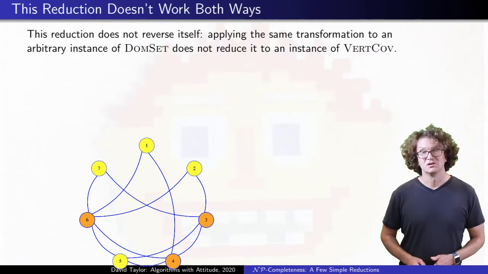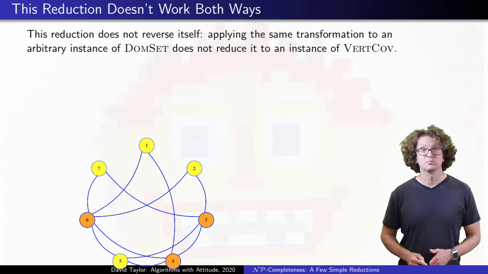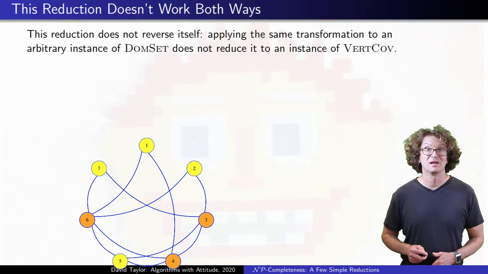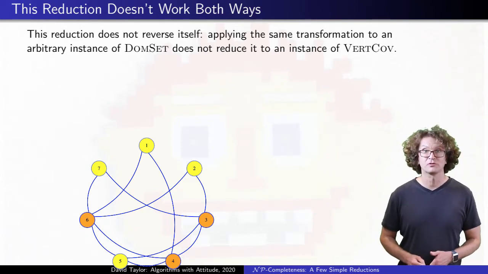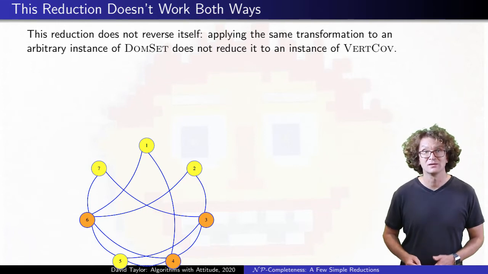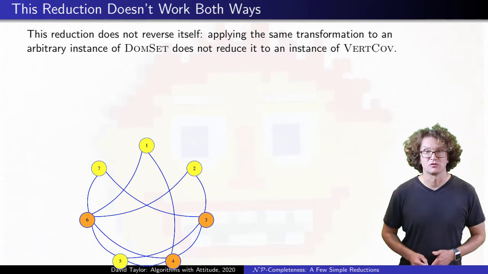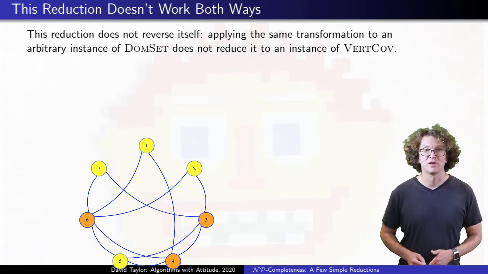But this reduction doesn't reverse itself. Unlike the previous reductions we saw, if we apply this transformation to the dominating set graph, it doesn't transform it to a helpful vertex cover instance. And given an arbitrary graph, we can't undo the transformation that went from vertex cover to dominating set.